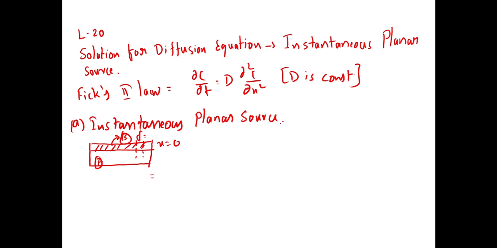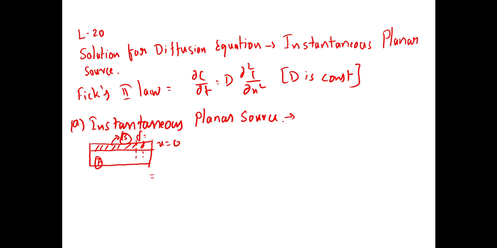The instantaneous planar source is mainly used in the semiconductor industries, in which the doping of silicon is carried out with the help of a diffusion process. A thin layer of silicon has been deposited on the substrate material, so we'll be analyzing the diffusion of silicon in this material.